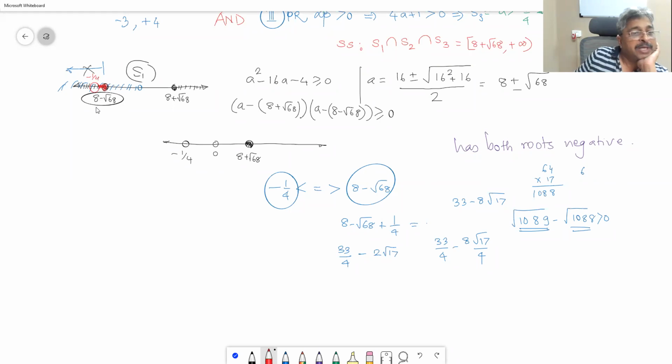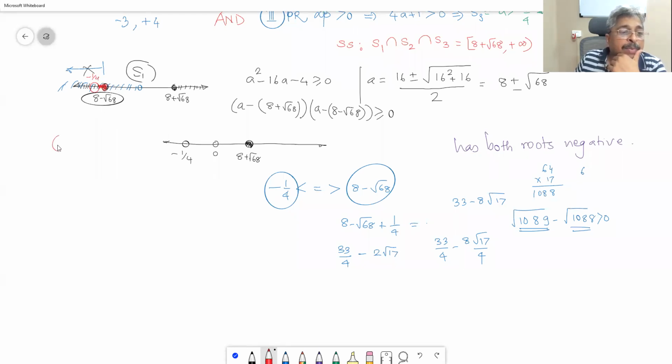Are you there? So, but if minus 1 by 4 is to the right of 8 minus root 68, then what will be the solution set?